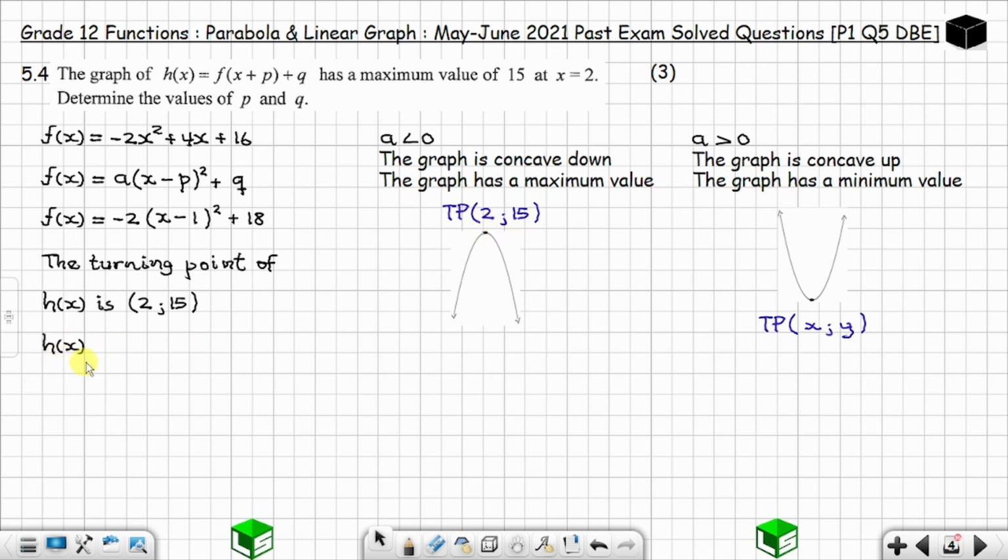So h of x is equal to, you have f of x there. Can you see? This is f of x, right? You can see it looks the same as this one. Remember, f of x is a function inside h of x.